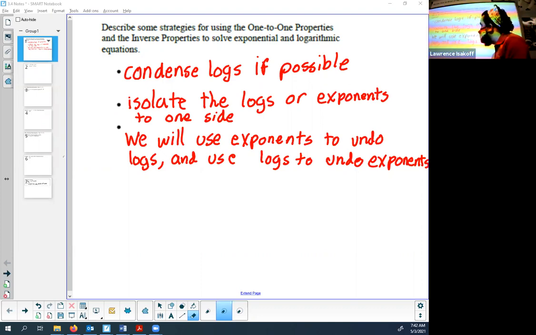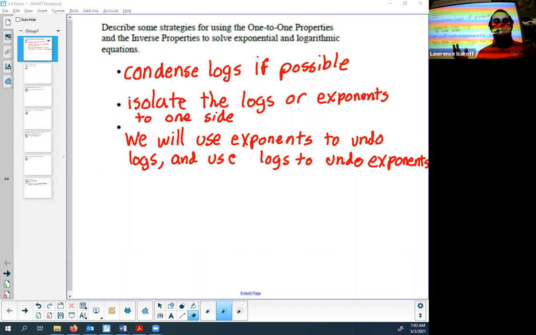So let's get into this. So here's some strategies using the one-to-one and inverse properties to help solve exponential and logarithmic functions. So right away, condense logs if possible. Last section, we talked about condensing and expanding logs.